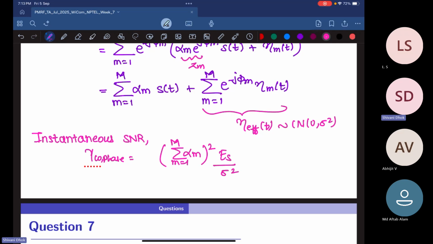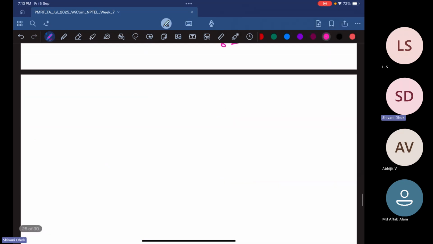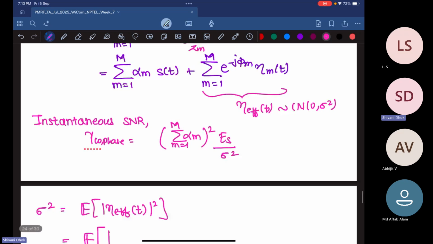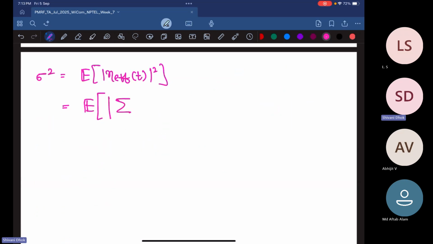Now let us understand what this sigma square is. Your sigma square is basically expectation of magnitude of eta effective of t square, which is equal to expectation of magnitude of summation n equal to 1 to capital M e power minus j phi m into eta m of t, square.